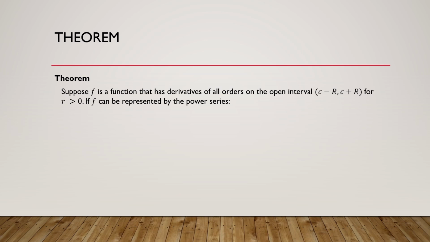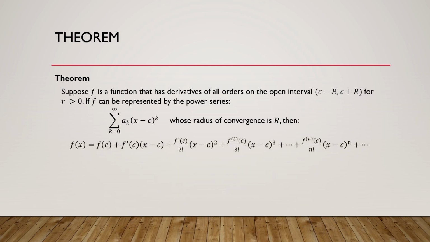If f can be represented by the power series, the sum from k equals 0 to infinity of a sub k times the quantity x minus c to the k power, whose radius of convergence is r, then f of x equals f of c plus f prime of c times the quantity x minus c, plus the second derivative of f at c over 2 factorial times the quantity x minus c squared, plus the third derivative of f at c over 3 factorial times the quantity x minus c cubed, and so on, including the nth derivative of f at c over n factorial times the quantity x minus c to the n power, and on to infinity.